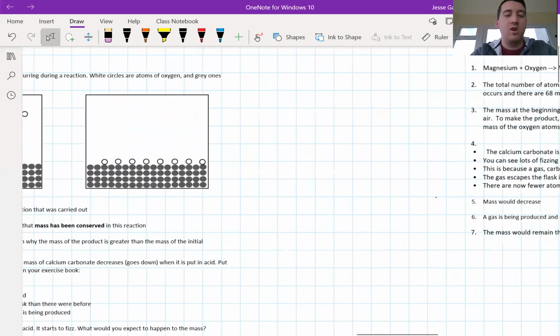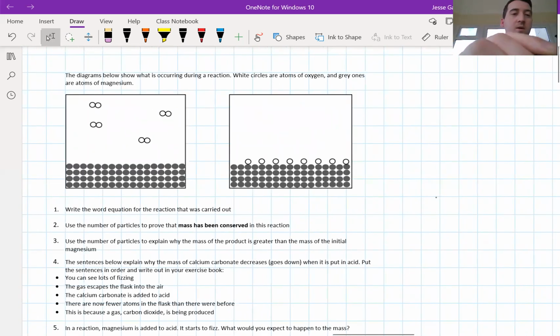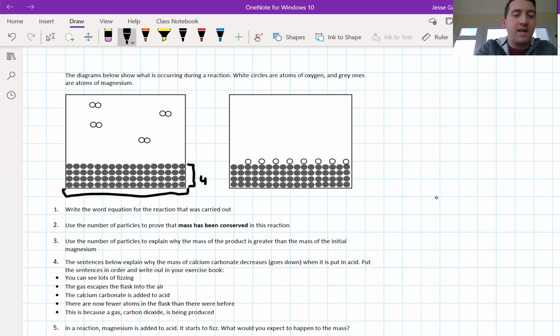What about using the number of particles to prove that mass has been conserved? Well, if we count them up, there are 4 rows deep of the magnesiums. So that's 4. And across there are 17, if you counted them. So 4 by 17 gives you 68. So there are 68 particles of magnesium and there are 8 particles of oxygen.